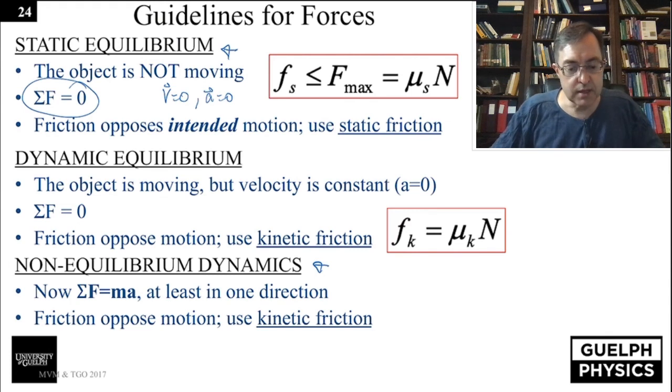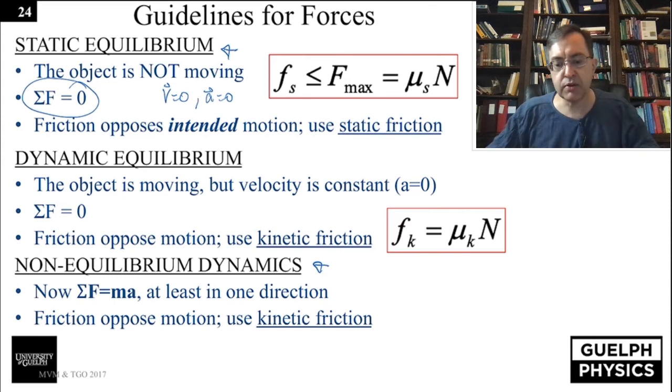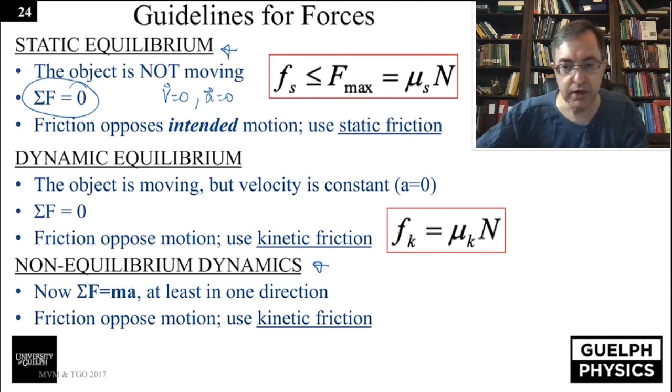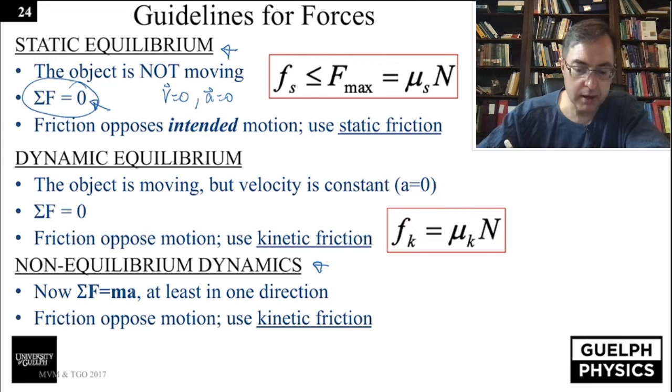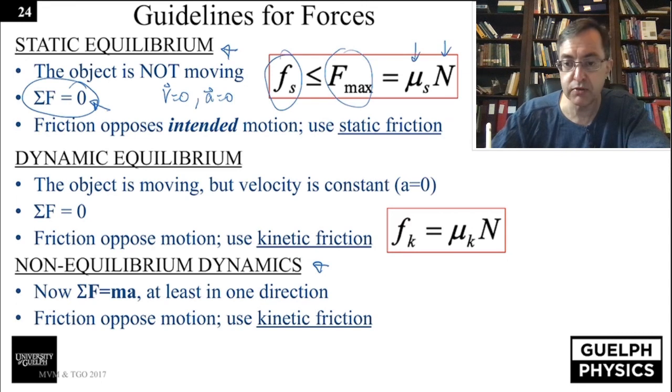In this case, the static friction opposes the intended motion, and so we'll use static friction. The key point about static friction is that it is determined by the condition of force balance. And as long as this static friction, so determined, is less than this maximum force, which is determined by the normal force and the coefficient of static friction, then the object remains not moving.